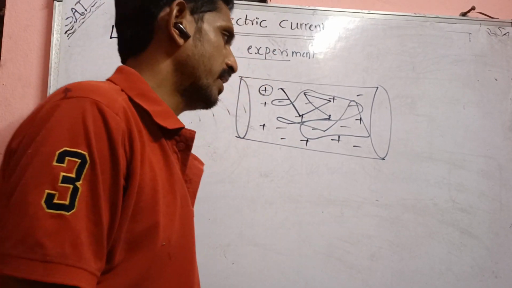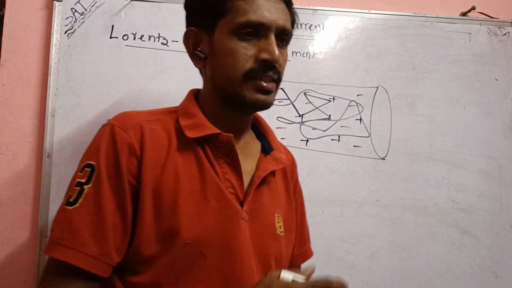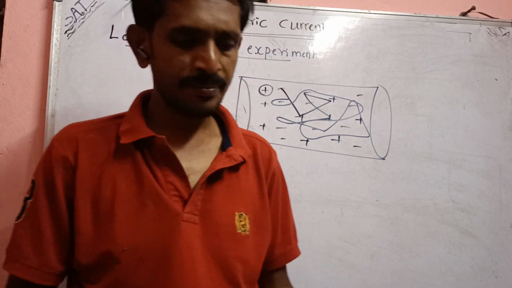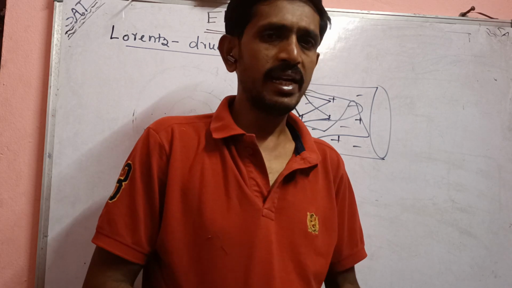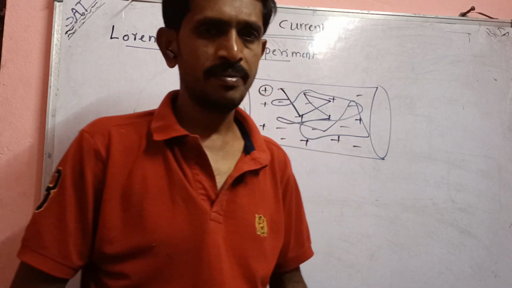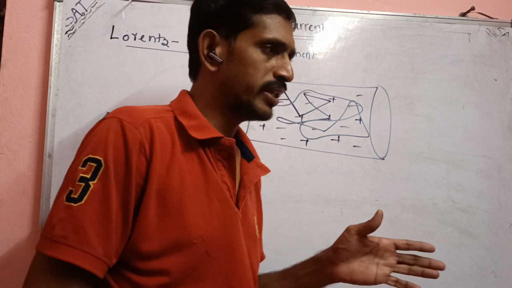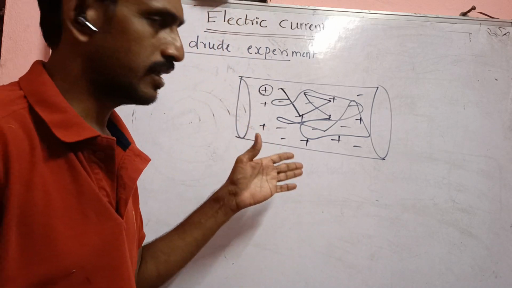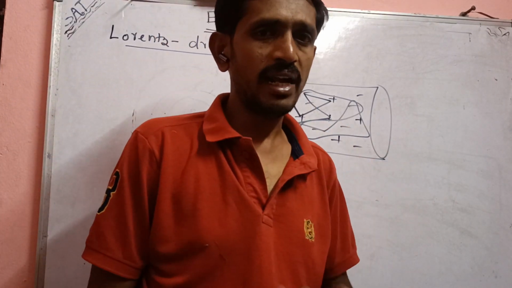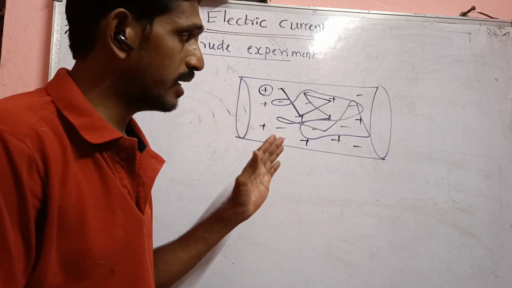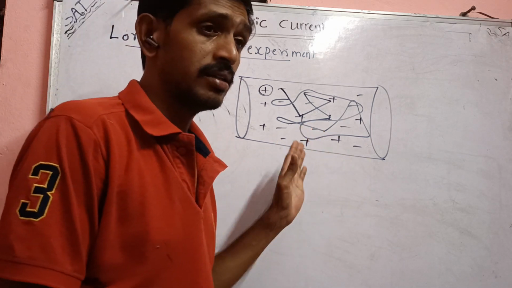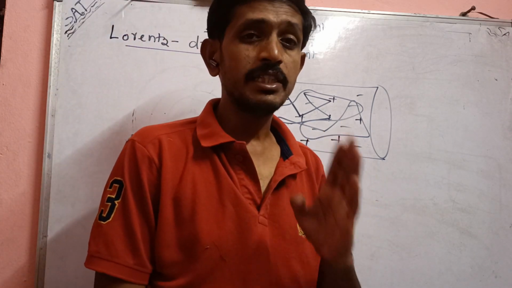As I said at the start of my class, what is electric current? Electric current is the flow of charge, the flow of electrons. Sir, you said that in this general condition the electrons are moving or not? Electrons are moving, but they are not moving in a specified direction.